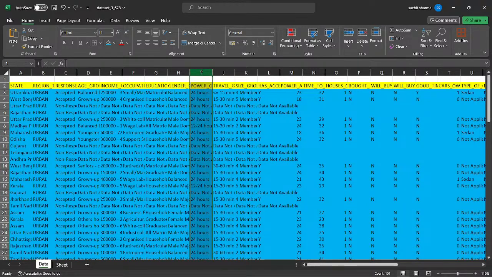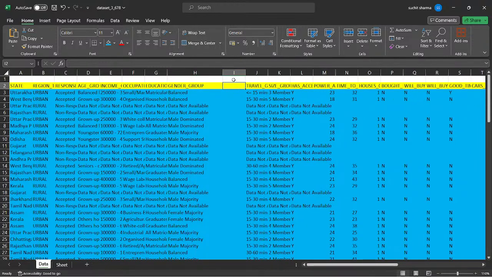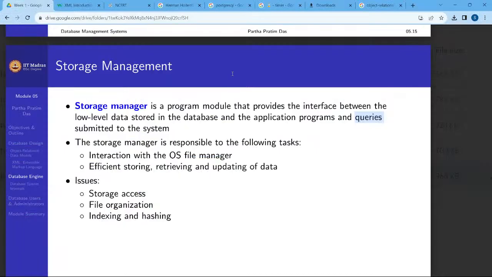Let's remove the column power group, and it is thus removed. See, it is basically empty. Let me just expand this here. This is an empty attribute now. So it works as an interface between this command that I put in and the data that already exists.